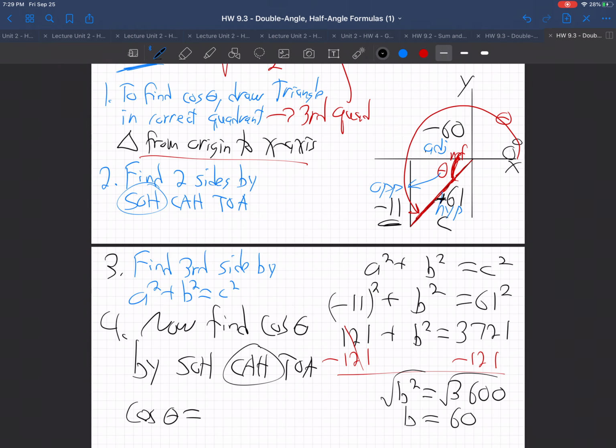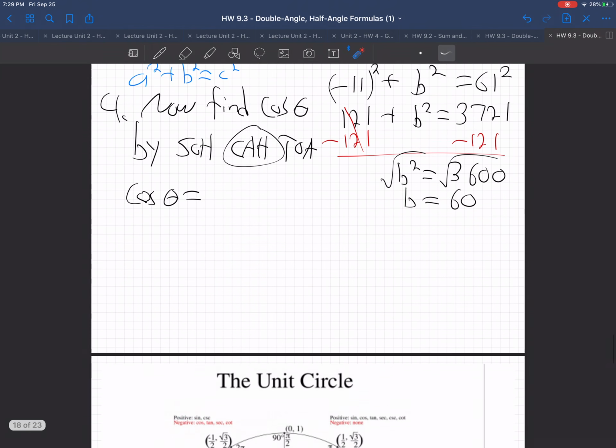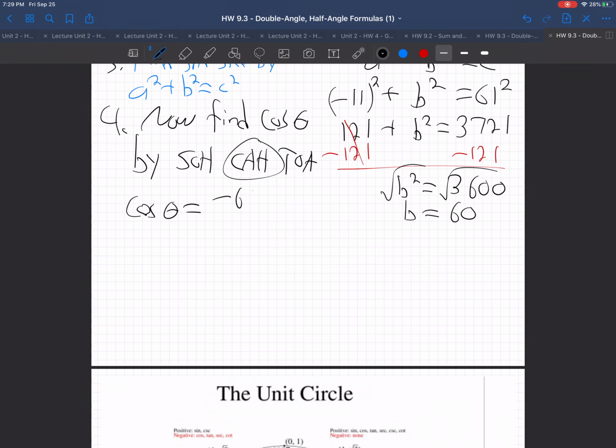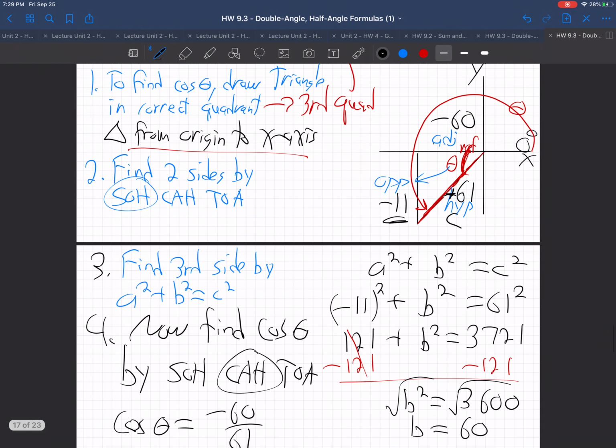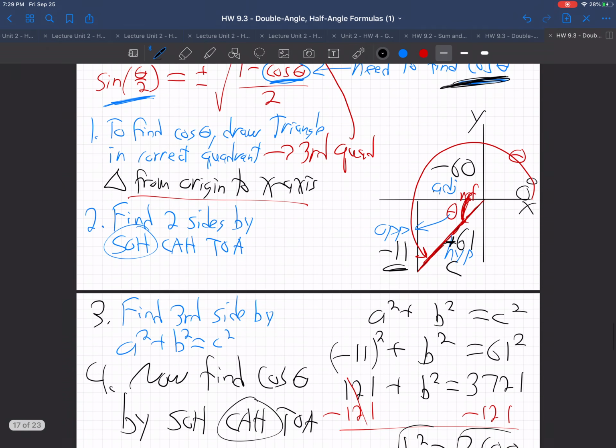Go to that triangle that we just finished. Adjacent, negative 60, that's the one we just found, over hypotenuse, 61, right? Here's angle theta right here. Angle theta, adjacent over hypotenuse for the cosine. Negative 60 over 61. So there's the cosine.